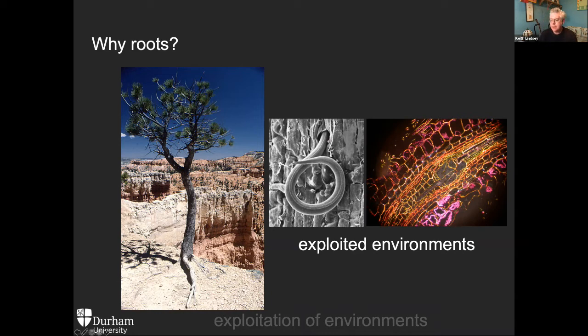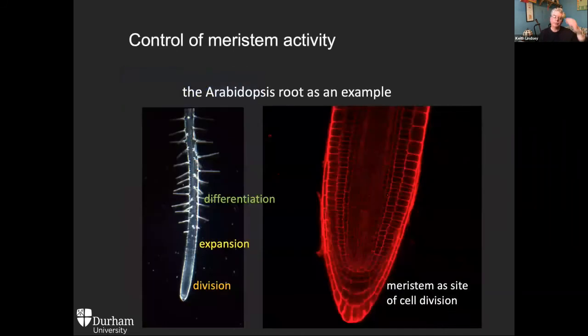Then they feed on the vascular tissues in the middle, and they induce a redifferentiation of those differentiated vascular cells to form what's known as a feeding structure. You can see the shape of those cells has changed because these nematodes release chemicals that act a bit hormone-like, and they mimic plant hormones to cause the redifferentiation of those cells. Of course, this is important because that root damage can cause crop losses, so it's an important agronomic trait.